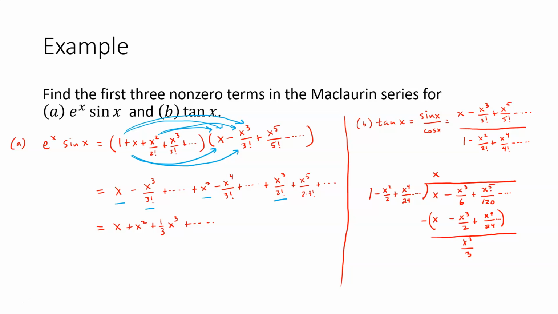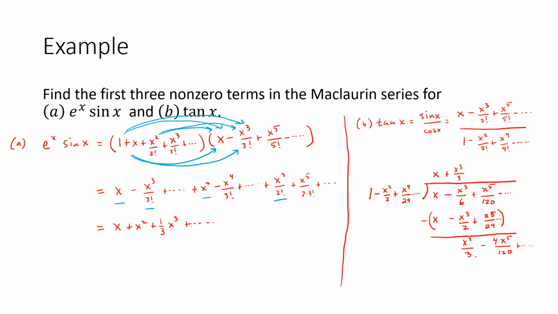And then here, let's see, we would have x to the 5th over 120 minus x to the 4th over 24. So I think that would be minus 4, and this should be x to the 5th, by the way, 4x to the 5th over 120. And yeah, there would be more terms after that. But then we can divide x cubed over 3 divided by 1, again, would be x cubed over 3.